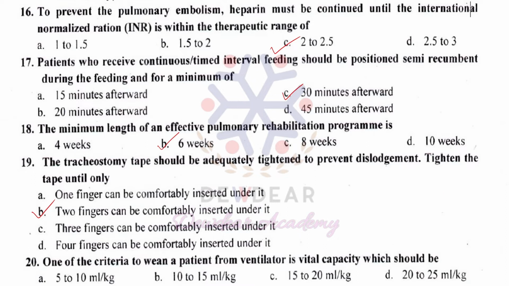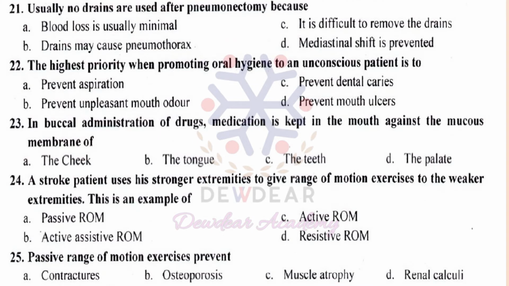The vital capacity should be 10 to 15 ml per kg. Correct answer is option B, that is 10 to 15 ml per kg.